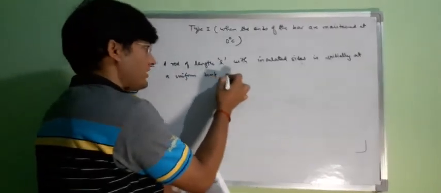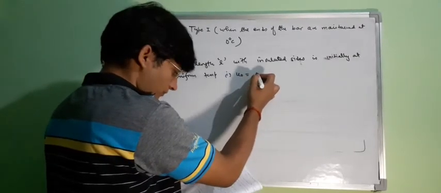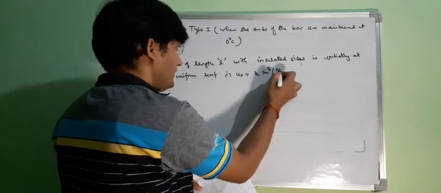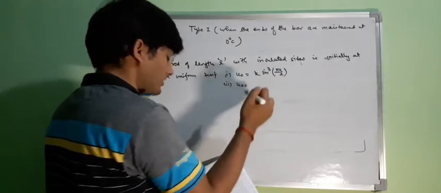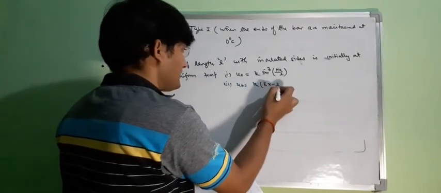In the first question, my initial temperature is U naught equal to small k sin cube pi x upon L. For the second question, my U naught, that means the initial temperature, is k(Lx minus x square).